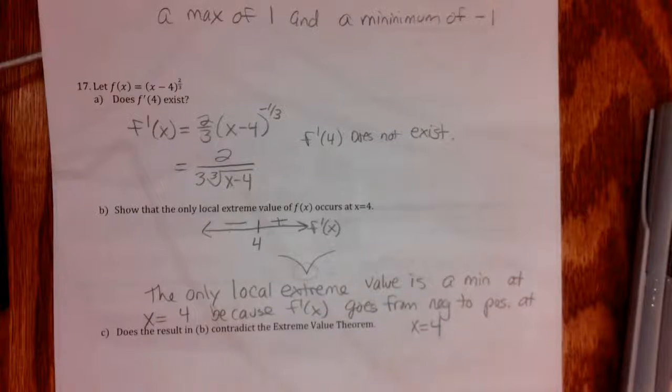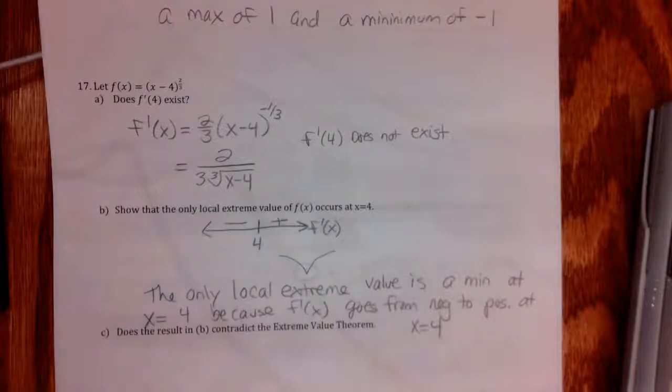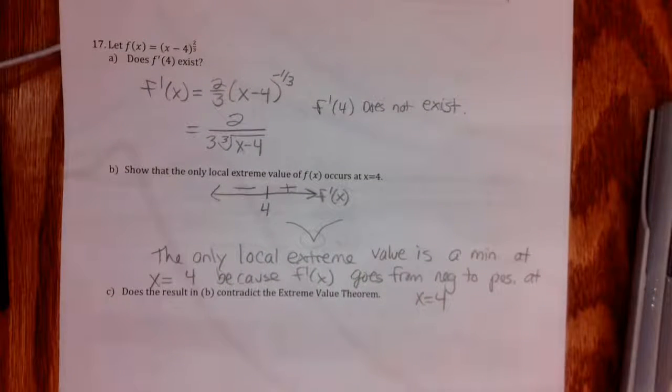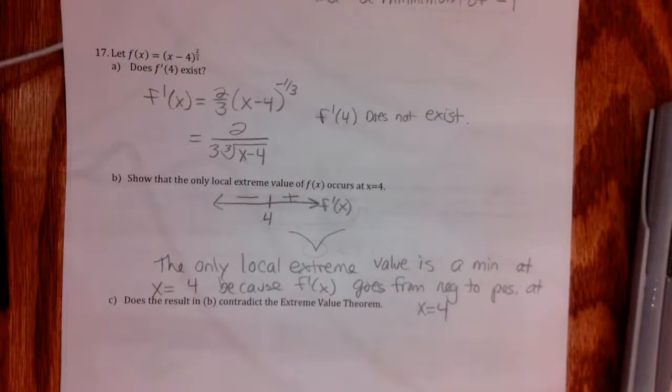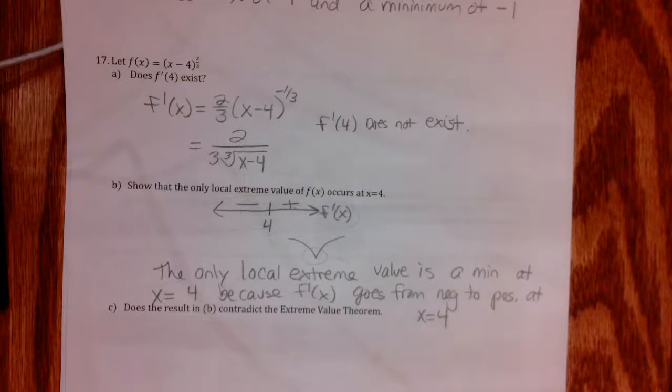Just so you know, in general, sign charts are not justifications for anything. You have to interpret your sign charts in order to get credit. So just keep that in mind. Sign charts are a very helpful tool, but they are not used as the work to justify anything.